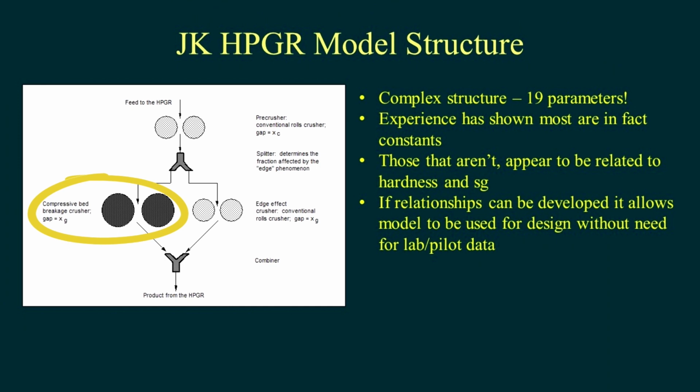So there's a packed bed crushing model. And if you know anything about HPGRs, there's very little packed bed developed on the edge of the rolls. It's called the HPGR edge effect. And the product out of an HPGR from the edge is very coarse indeed, because the pressure doesn't build up enough on the edge. So we've also got what's called an edge crusher.